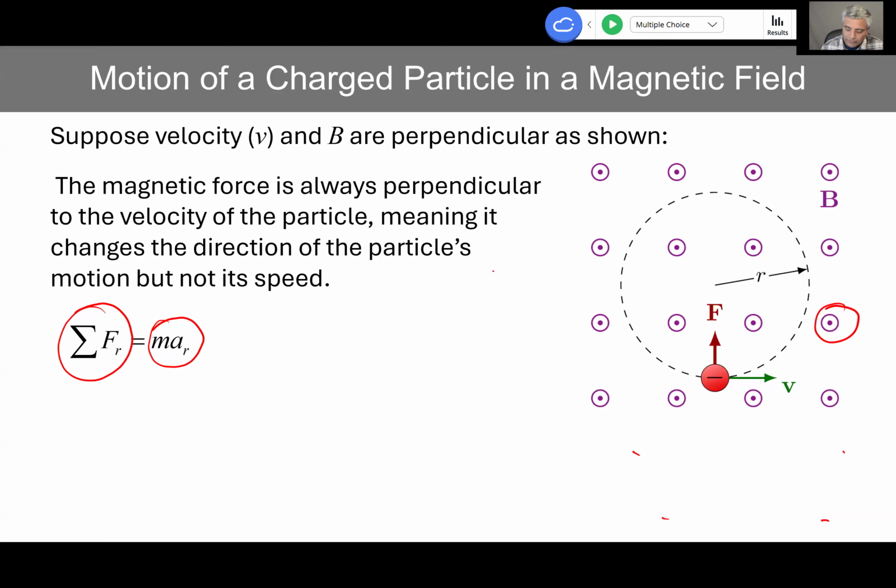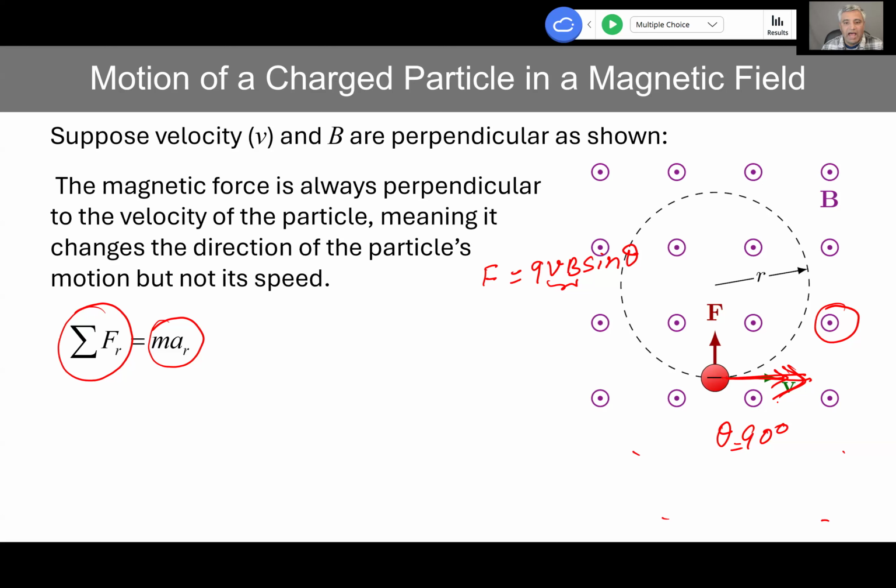We learned that the force on a charge due to a magnetic field is q v B sine theta, where theta is the angle between V and B. In this case, for example, v is going to the right in the sketch and the field is coming directly out, so the angle between them is 90 degrees.